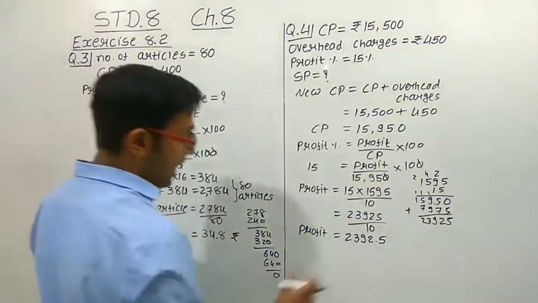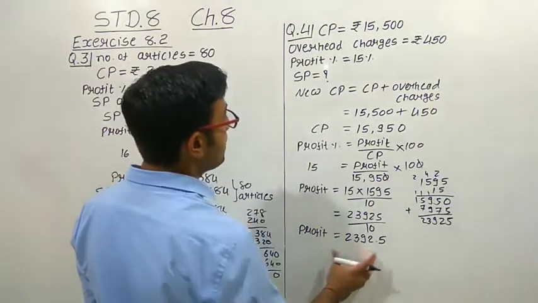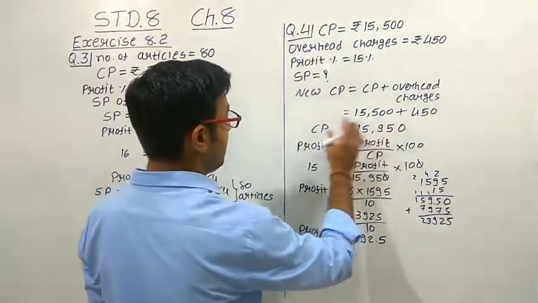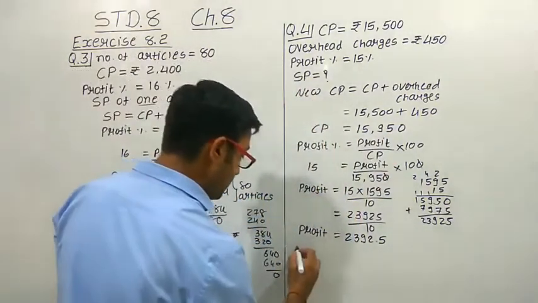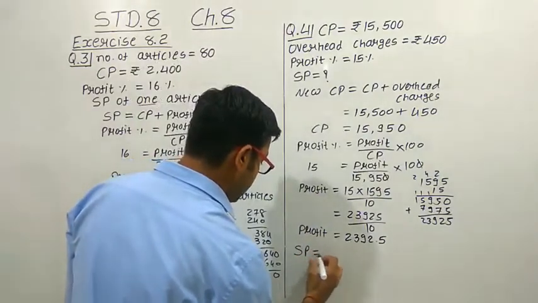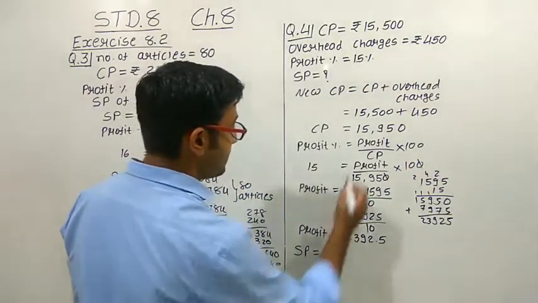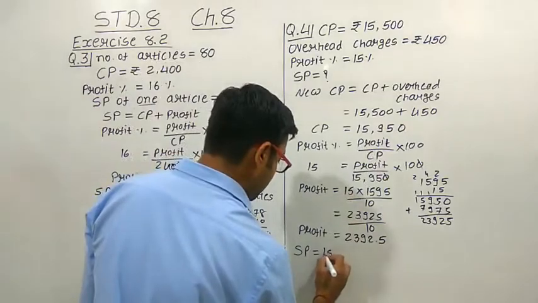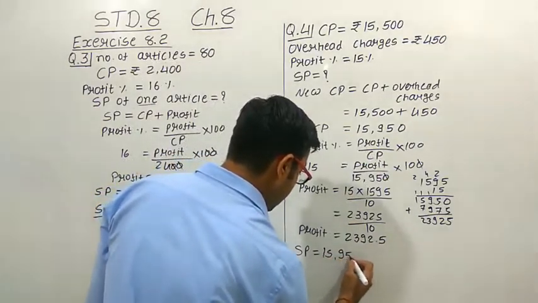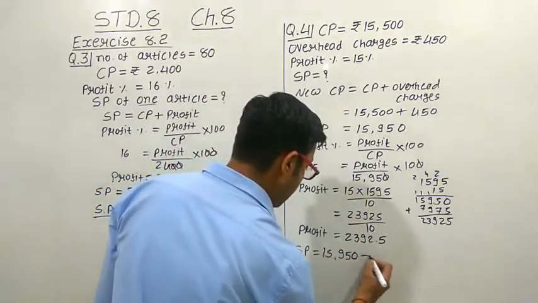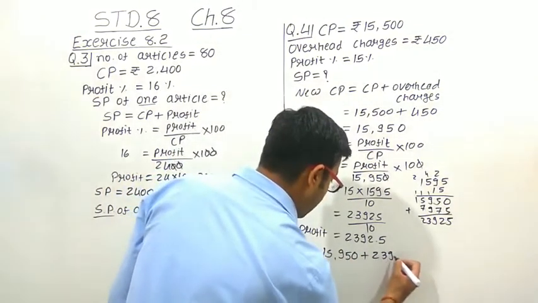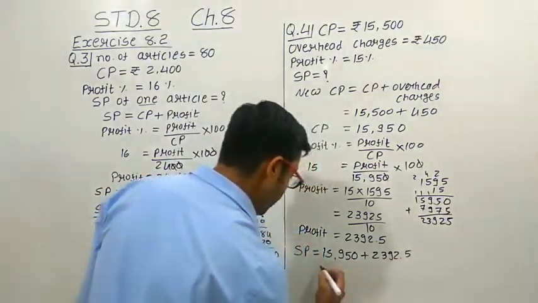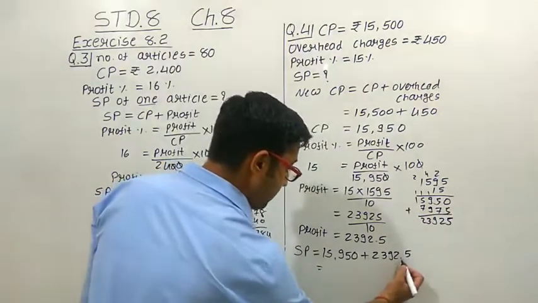So this is what we get as the profit. Now we have to add this profit to the cost price so that we can get the selling price. So selling price is equal to cost price, that is 15,950, plus this one, 2392.5. When we add, what is the result we get?